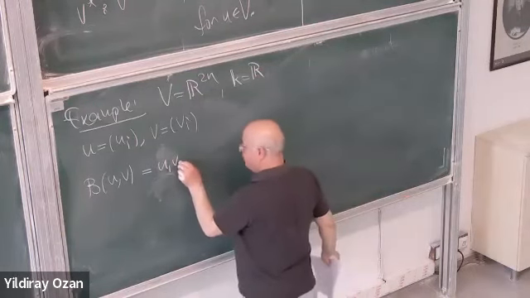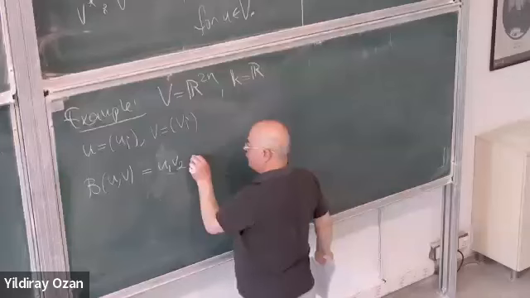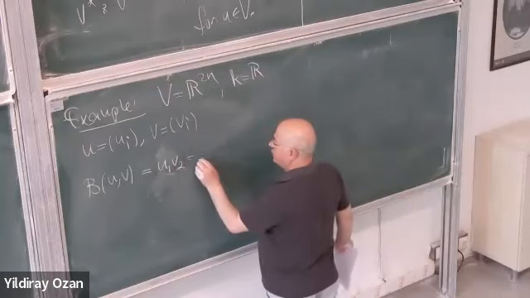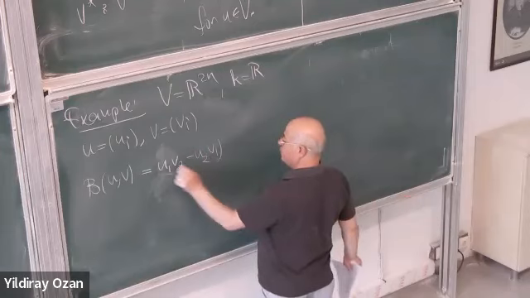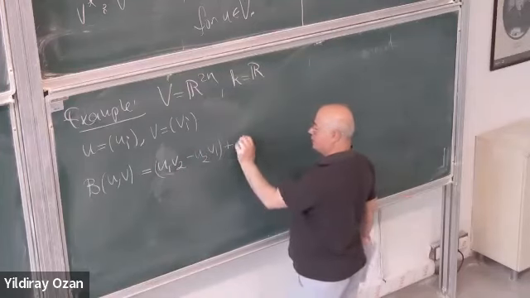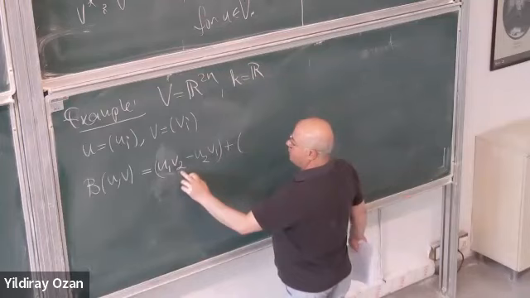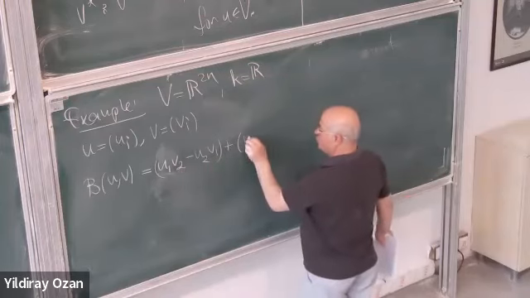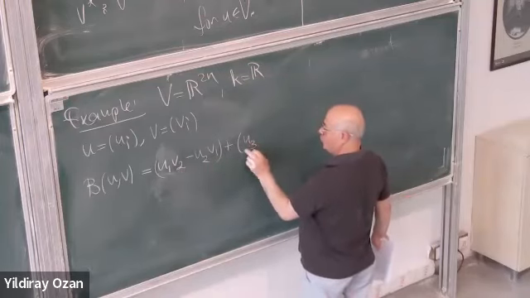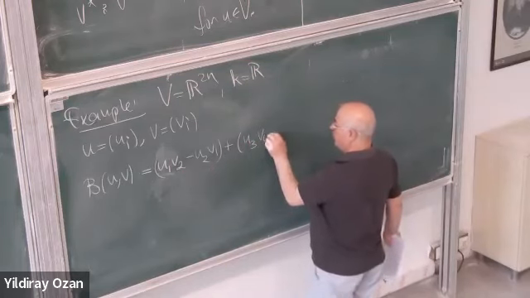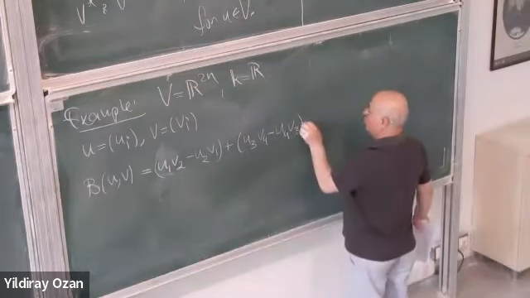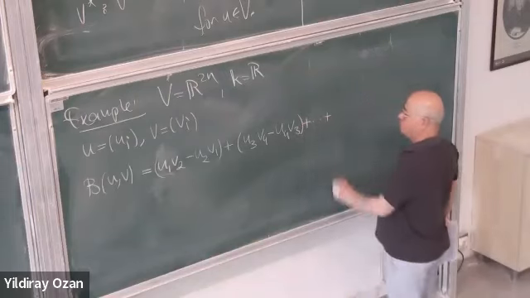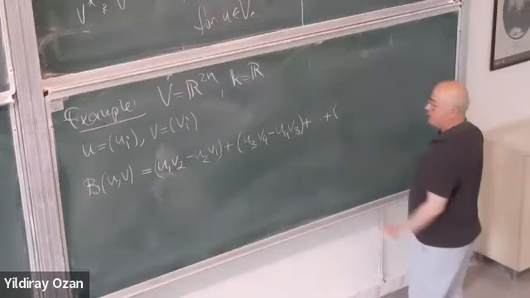U1 ve 2 eksi U2 ve 1 artı, yani 1 ile 2'yi bu şekilde periyodik ediyoruz. U3 V4 eksi U4 V3, nereye kadar?